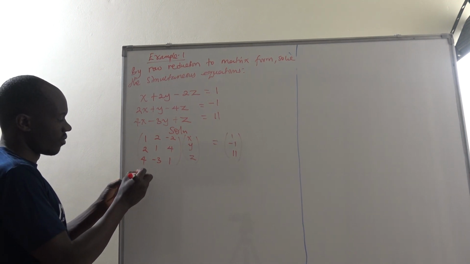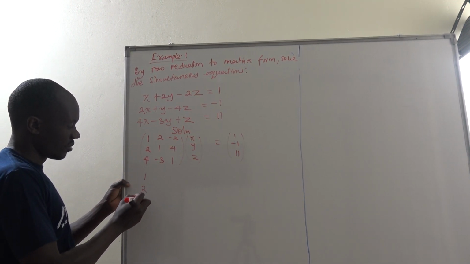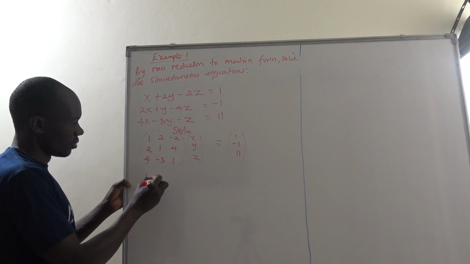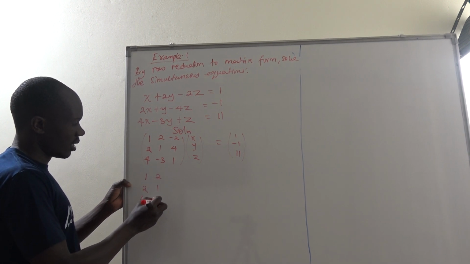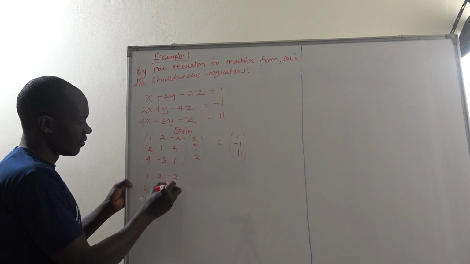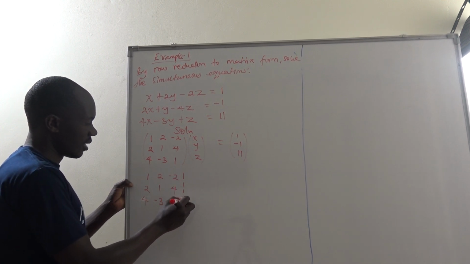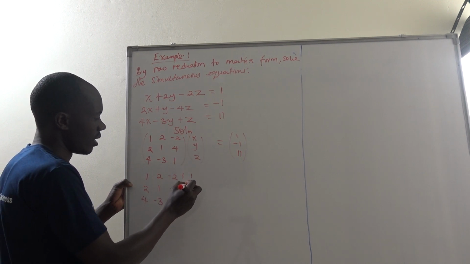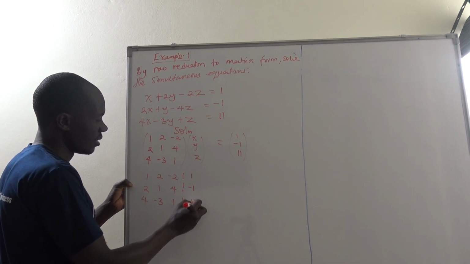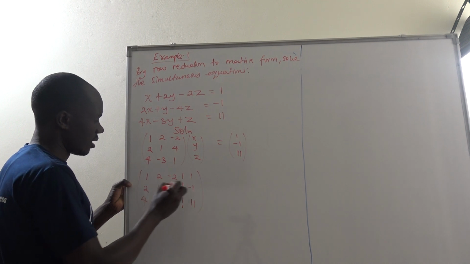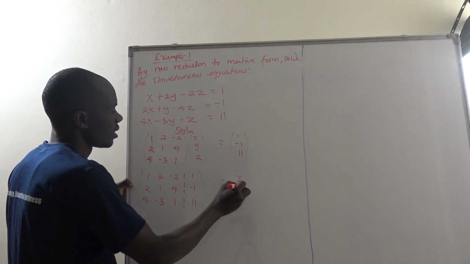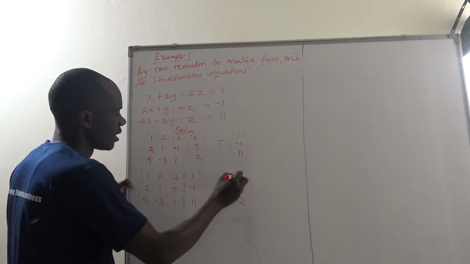So we are going to have 1, 2, 4, 2, 1, negative 3, negative 2, 4, 1. Bring the other one: 1, negative 1, 11. The whole thing equals x, y, z.